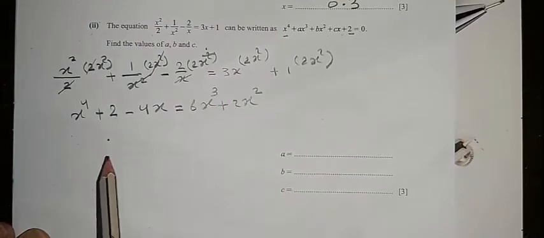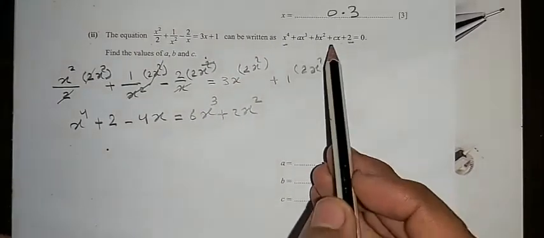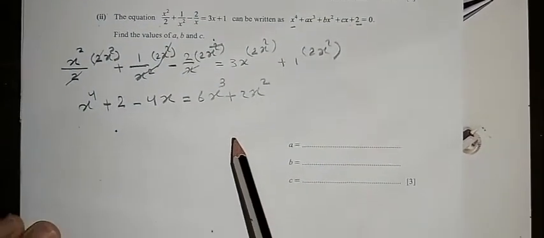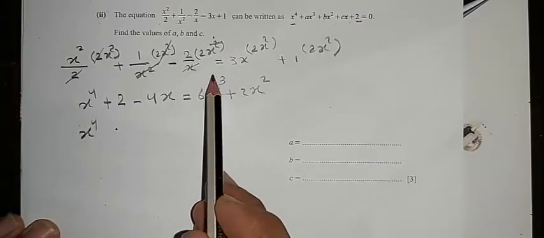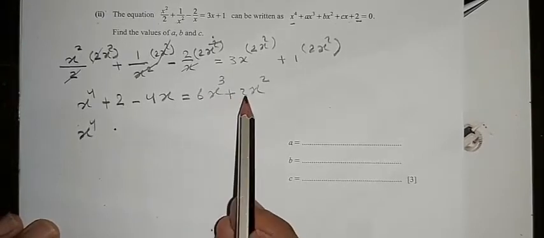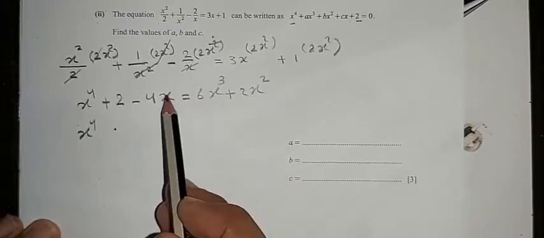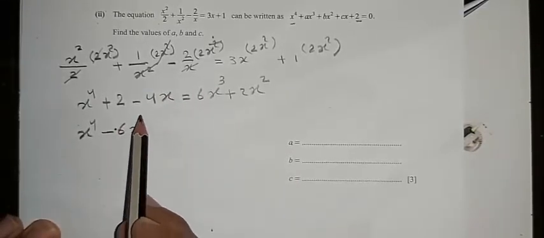Okay, try to write it in this form to find out the values of a, b, and c. So x to power 4, we need this term here. It is in the right hand side. We will bring it here to the left hand side by a negative value. Okay, minus 6x cubed.